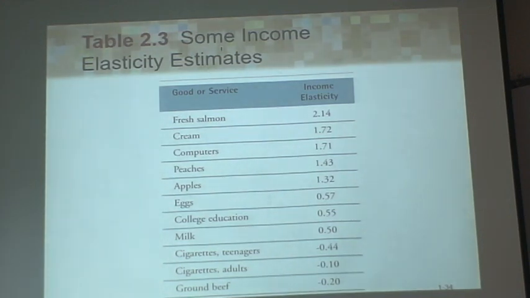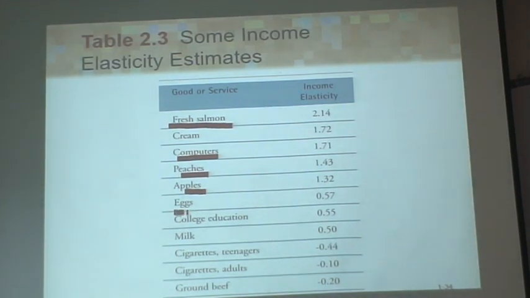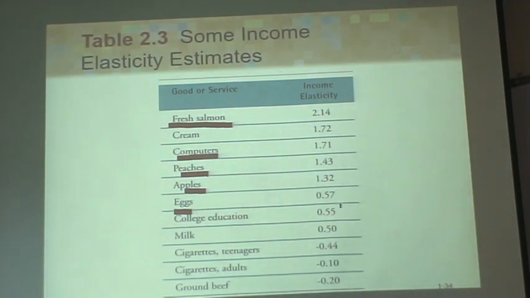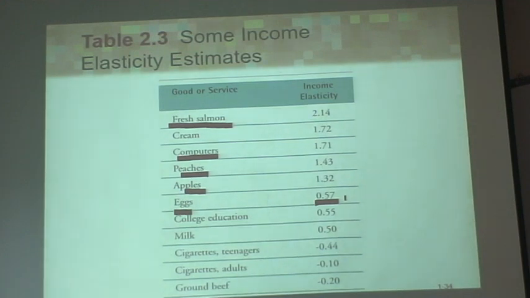Okay, so the calculation is the same here, but the implication is not that clear. When we talk about producers, we will talk more about this. Okay, so some income elasticities. Salmon is a good food, right? So the higher your income, the more you eat. Computers, peaches, apples, eggs, okay? Eggs is not that elastic.